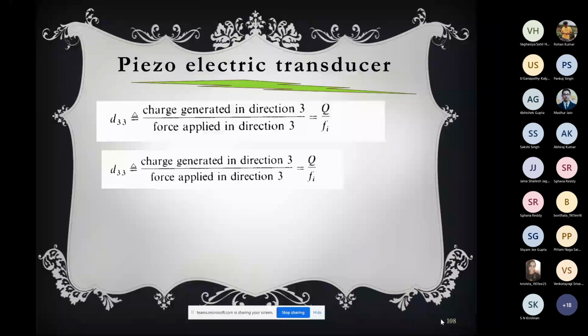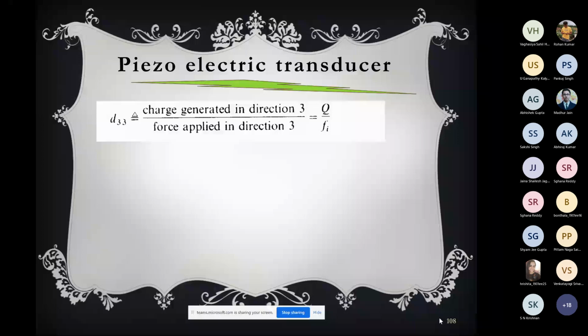In direction 3, divided by the force applied in the direction 3. If you ask what the name is, it is called the d constant. It is used to relate the force with the generated charge, and the d constant can be defined as the charge generated in direction 3, which you can say q, and the force applied in direction 3, which is F3.